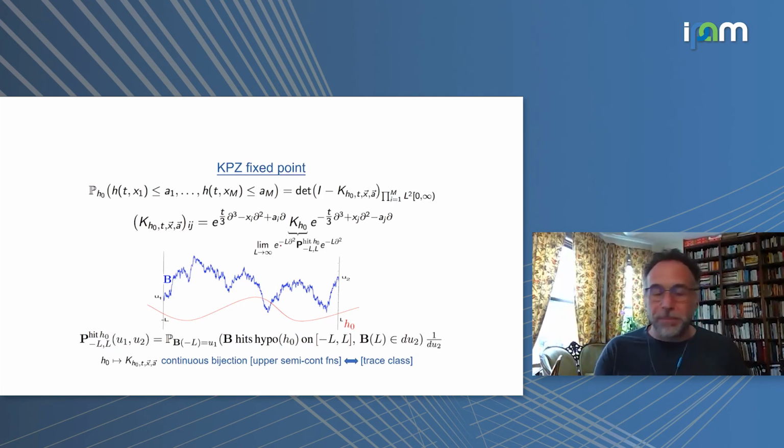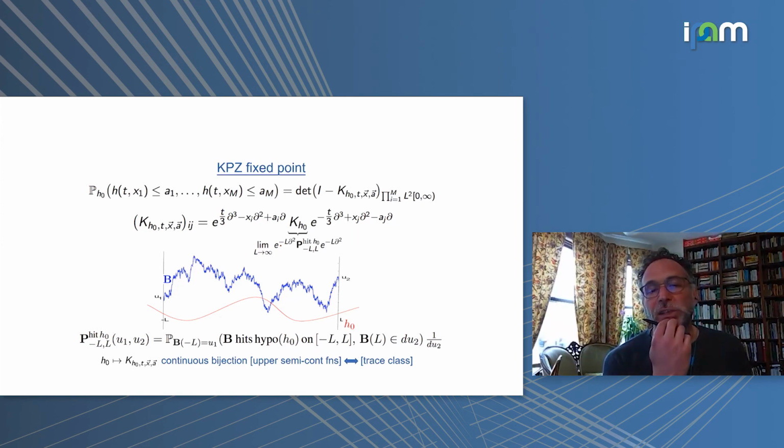So the transition probabilities of the KPZ fixed point are given by their finite dimensional distributions, which are given by these Fredholm determinants again. And it's just the limit of the previous formula. But in the limit, you can see that the kernel is evolving in a very simple way.